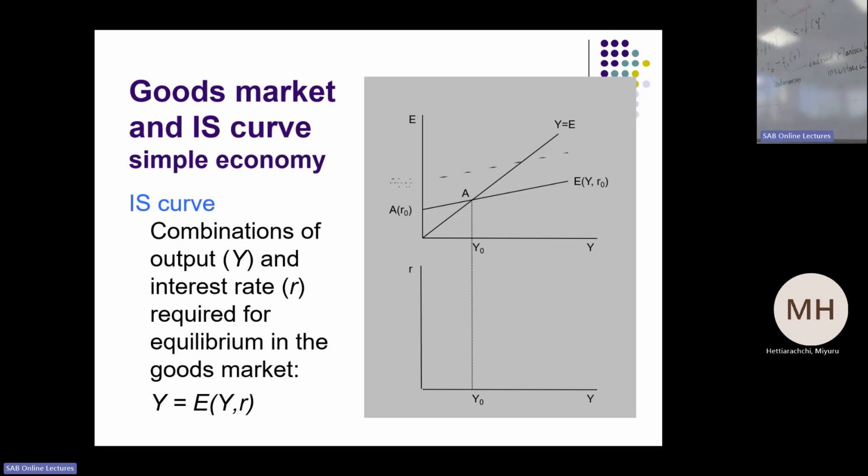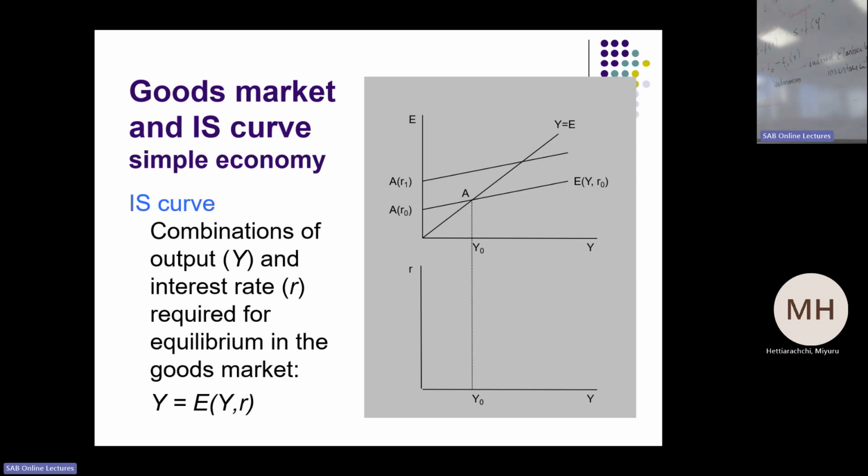So we can take one point from that. We assume R0 is the higher interest rate, and at this point we have a particular income Y0.